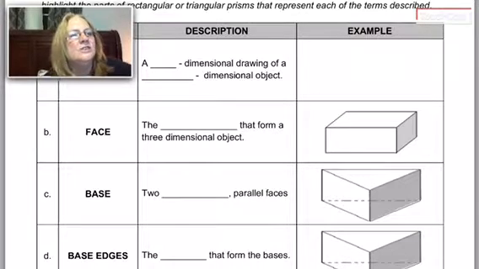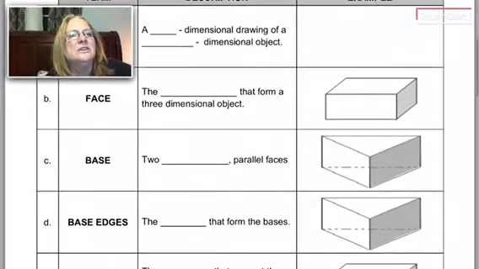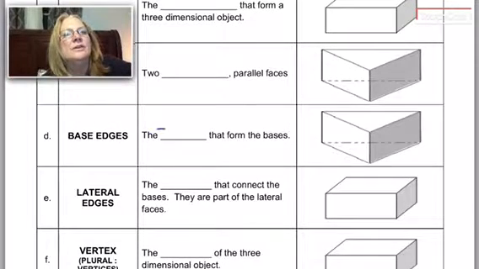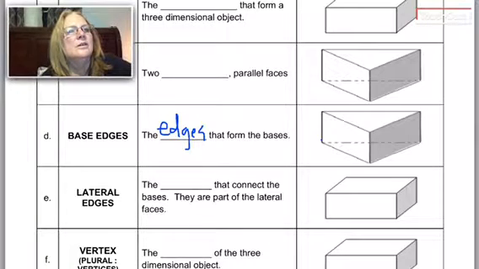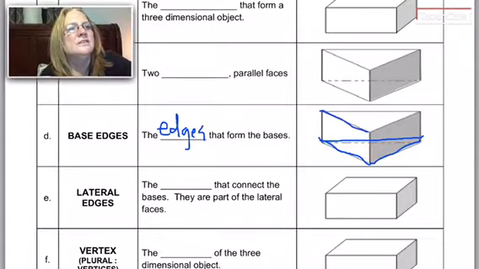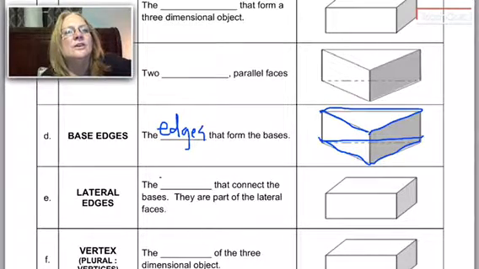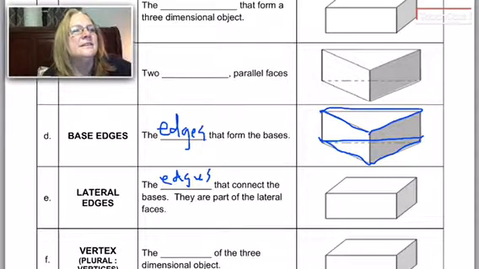The base edges are just the edges that form the bases. So these are your base edges. Here's the bottom base edges. Here's the top base edges. The lateral edges are the edges that connect the bases.